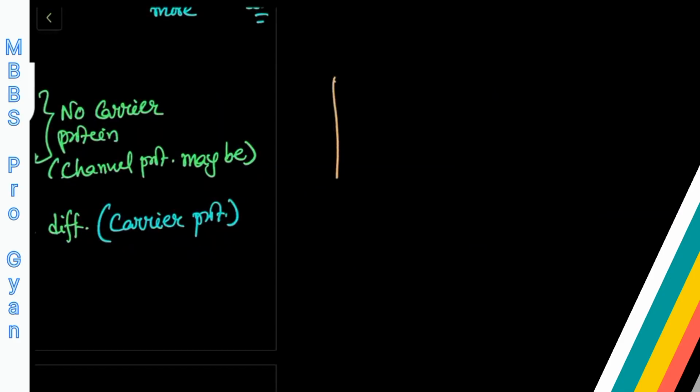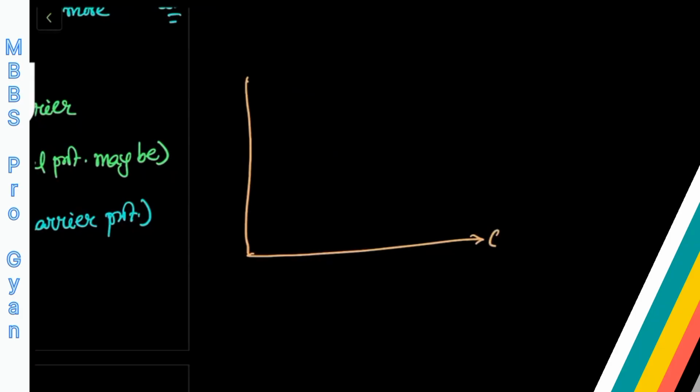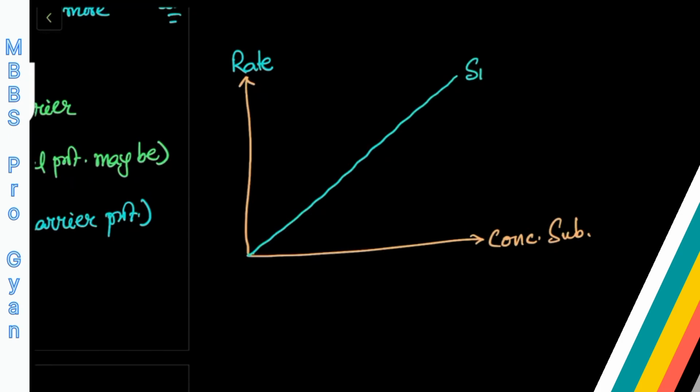If you plot a graph like this, where the x-axis is the concentration of the substance and the y-axis is the rate of transport, the simple diffusion curve will look like this. What is the meaning of this?